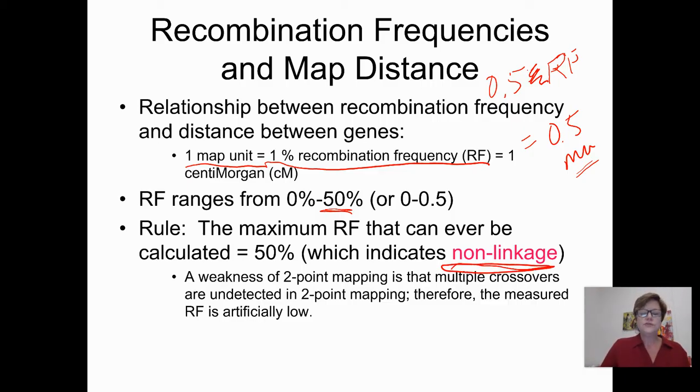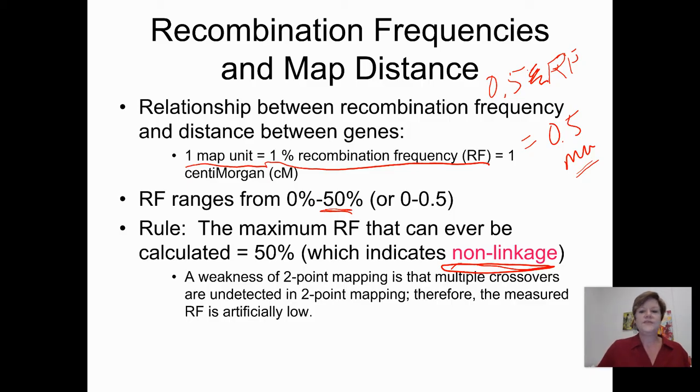So if you do calculate an RF of 50, it's not a useful measurement because it's really indicating that there is no linkage here at all. So you would not be able to convince someone that the distance between your two genes is 50, because it could just as likely mean that the genes aren't linked. If genes aren't linked, that means that maybe the eye color gene is on chromosome 2 and the body color gene is on chromosome 4.